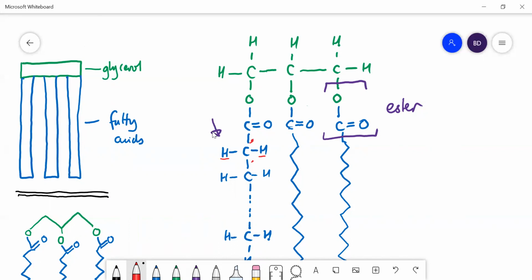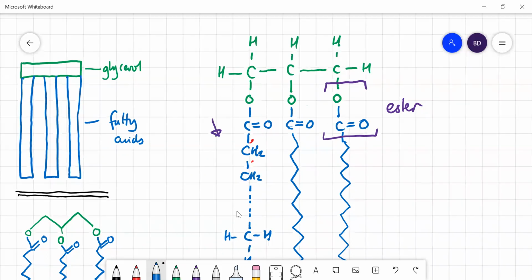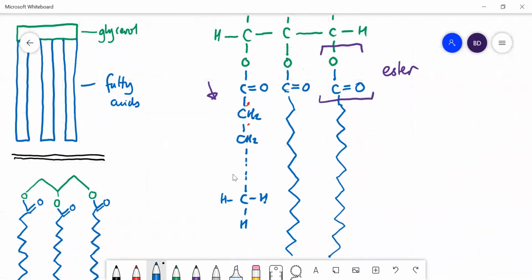So rather than drawing like that, it's more convenient to draw it simply as CH2, this one here CH2, and so on. I've drawn a series of dotted lines there because I'm not going to draw all 18 of those, it takes too long. And when you get to the end, of course, the carbon has got to have 3 hydrogens because it's not forming a bond to another carbon. So you'd write that one as CH3.